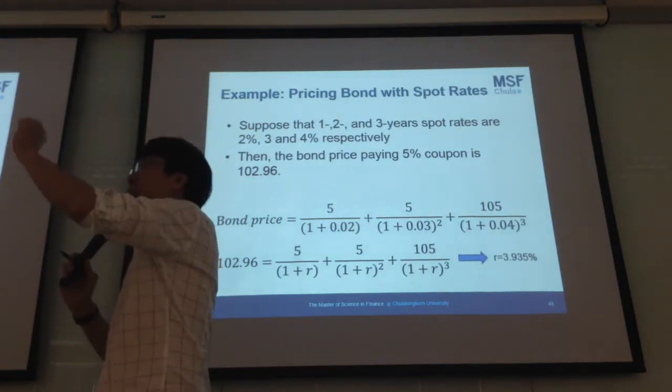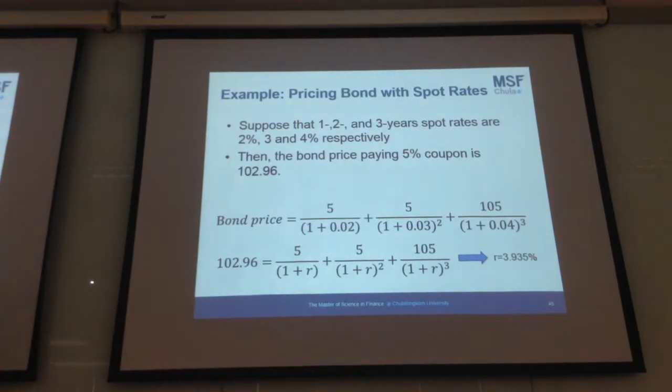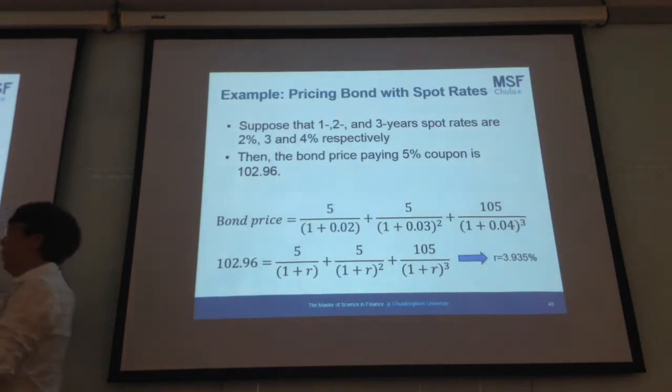Instead of using just one single discount rate, we apply the discount rate for 1 year, equal to 2%, to discount the first coupon that occurs in year 1. And then the second coupon, we discount by the 3% spot rate. And the last coupon plus the face value, we discount by 4%, the 3-year spot rate.